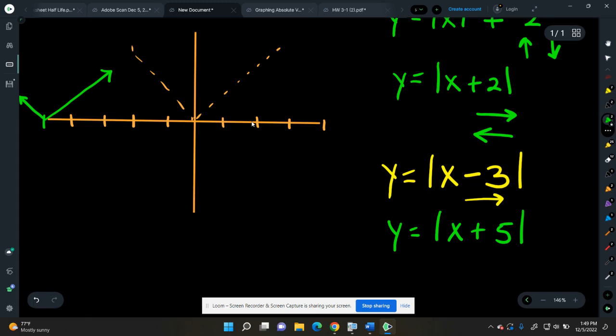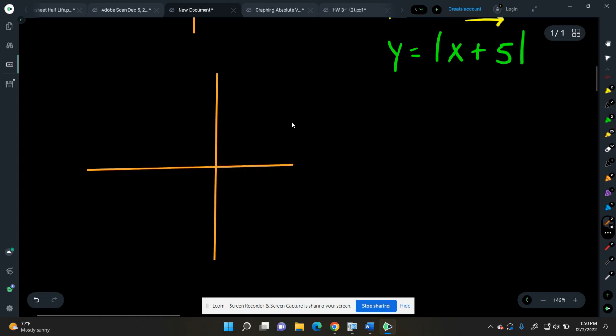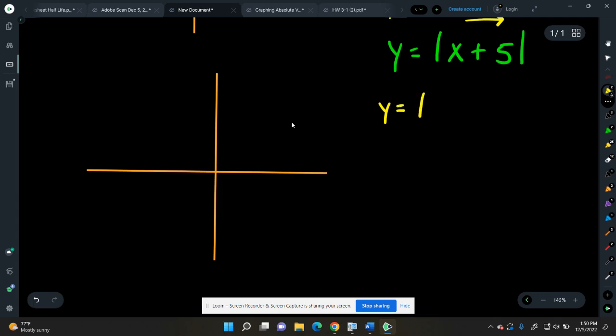Okay, we're going to get a little trickier. You ready? Okay, y equals the absolute value of x minus 3, plus 2.